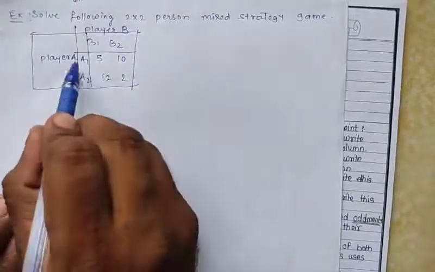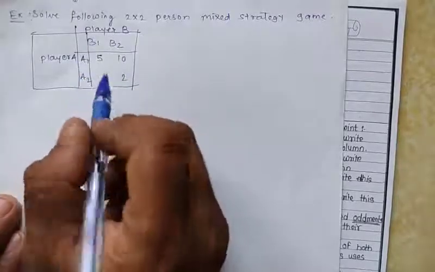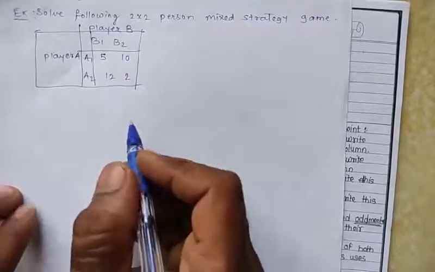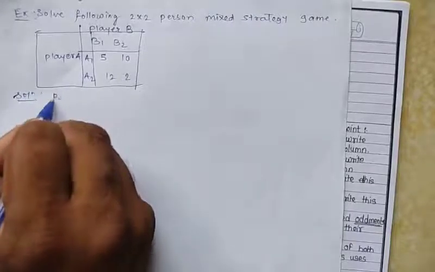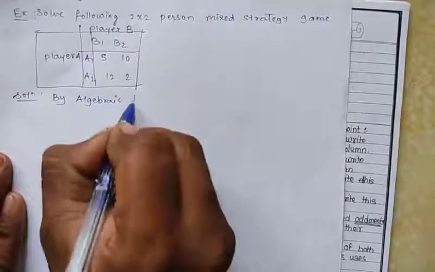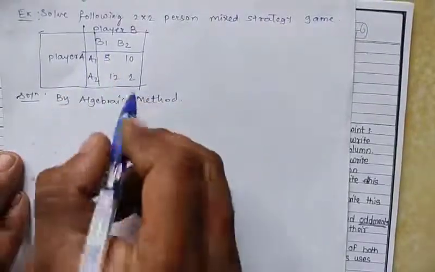Here are the strategies for player A and the strategies for player B. Now we will solve this game by using the algebraic method. First, write down the given game.